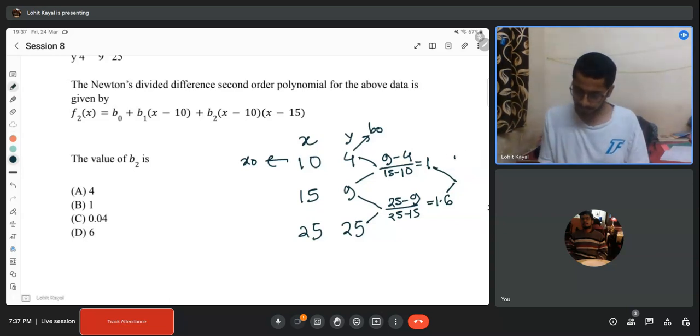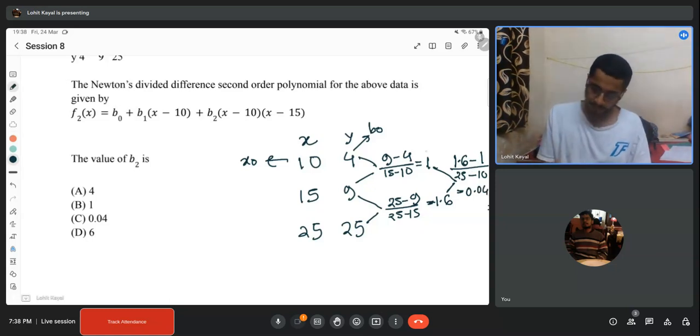It should be 0.6, so 1.6 minus 1, divided by, follow the arrow, it is coming from here, and the corresponding x is 25. 25 minus, again follow the arrow, it is coming from 4, and the corresponding x is 10. So the value is 0.6 by 15, which is 0.04.